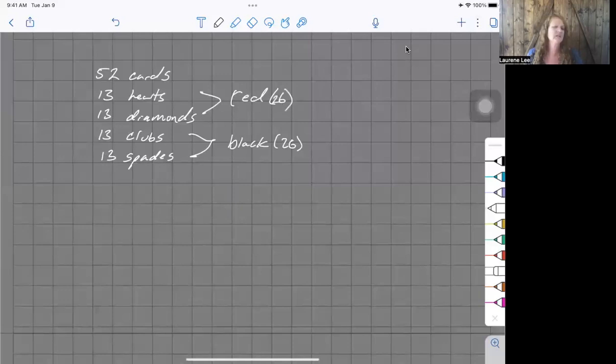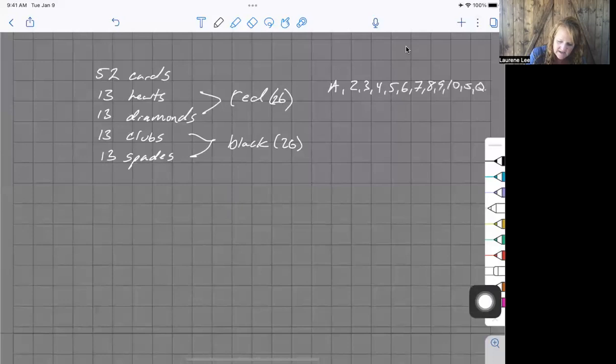Now, each of these, we call these suits: hearts, diamonds, clubs, spades. Each of these suits has an ace, a 2, 3, 4, 5, 6, 7, 8, 9, 10, jack, queen, and king.